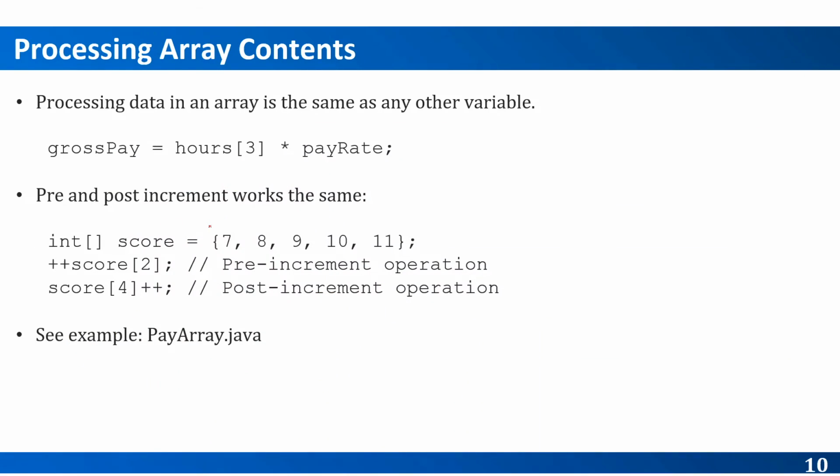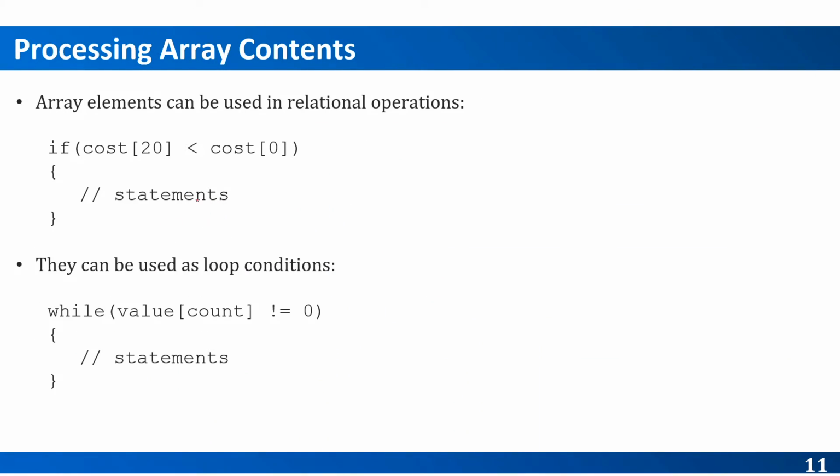We covered this, and the last thing is that you could actually use the elements to do processes, and we will see a lot of these in the next lecture. So you could put them in relations, right? So here you could actually check if the cost of the 20th element is less than the cost of the first element in cost.